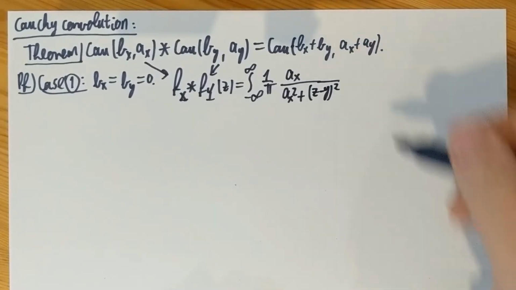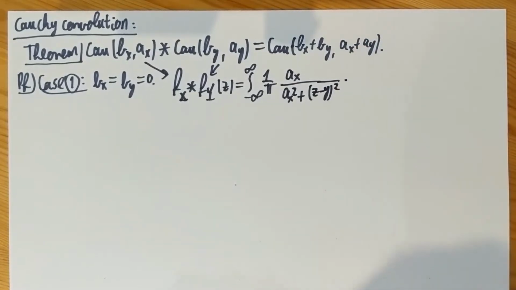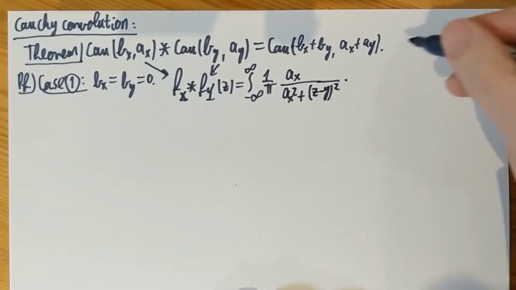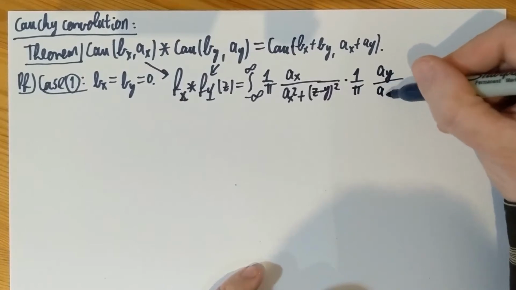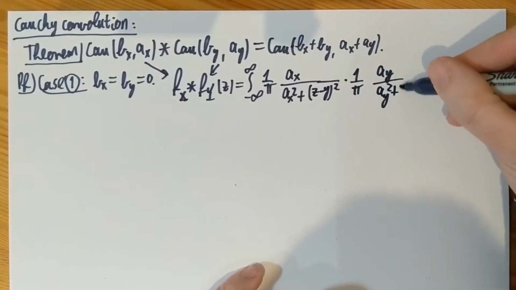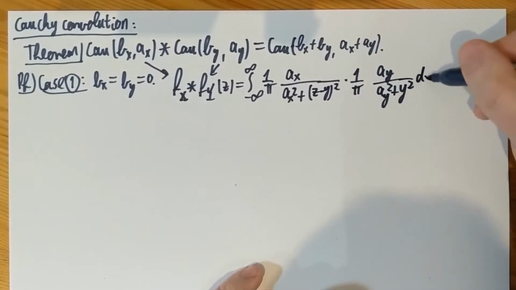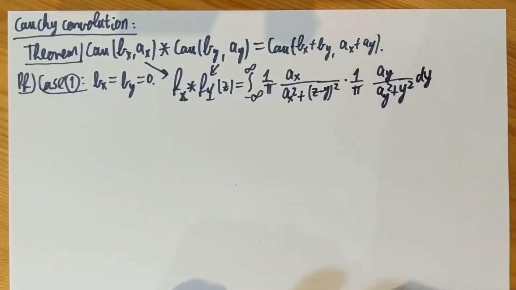That's the Cauchy density of x taken at z minus y, times the other one of y taken at just y, integrated out. And these densities are valid on the whole real line, so I don't need to bother with the integration boundaries. It goes from minus infinity to infinity.